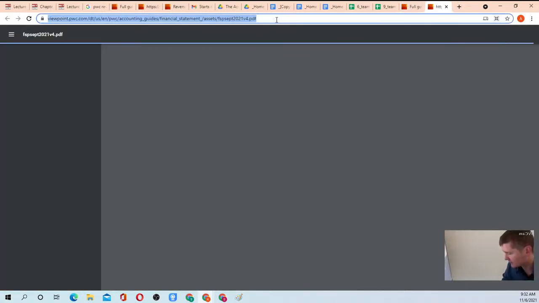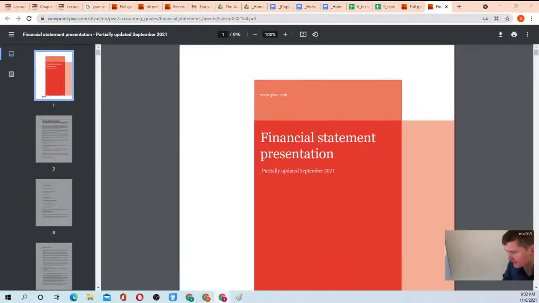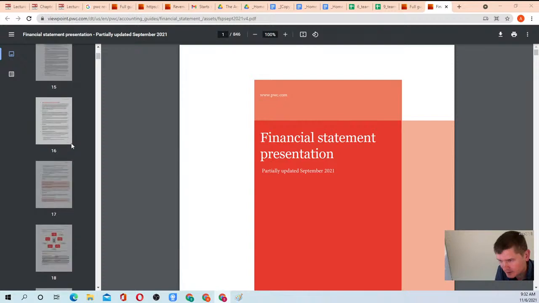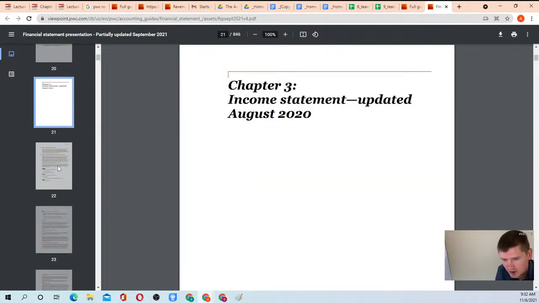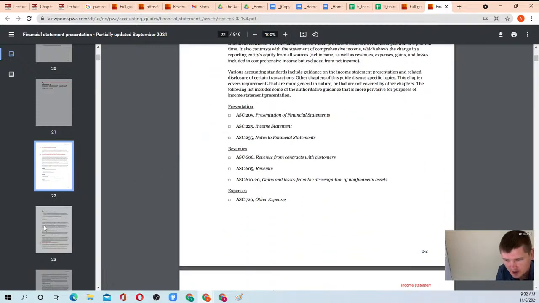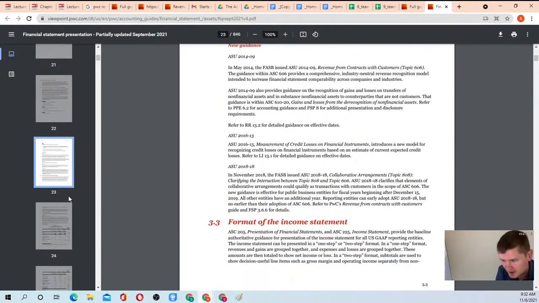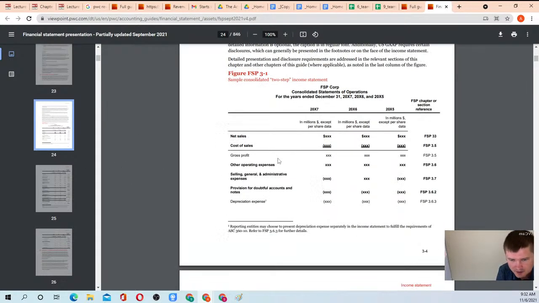I'll share a link with you here. The income statement starts from page 21. There are some introductory matters, and the income statement itself is on page 24.